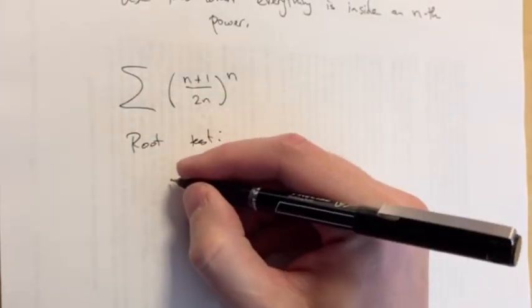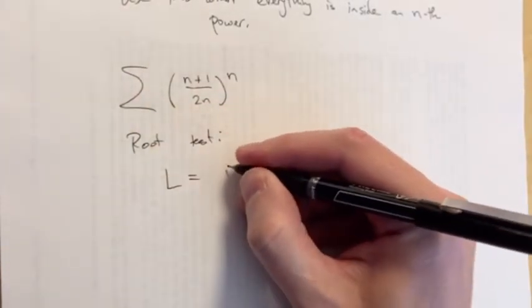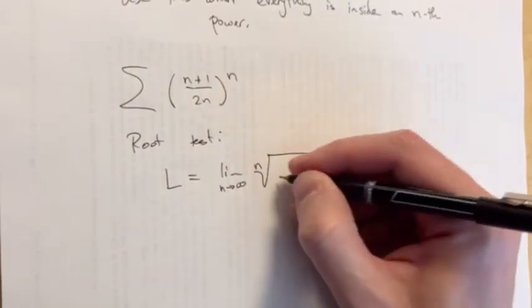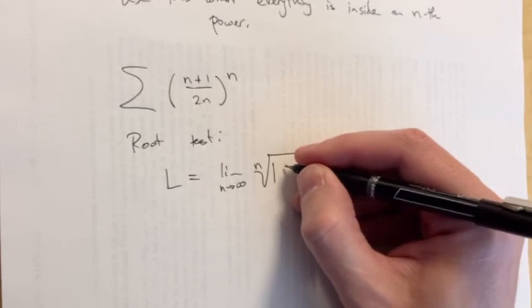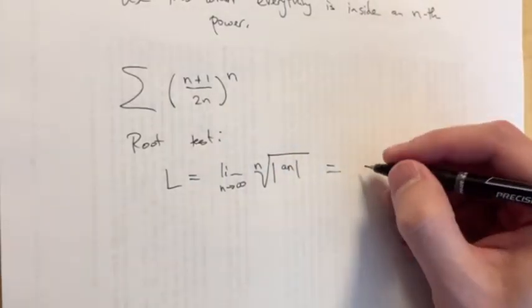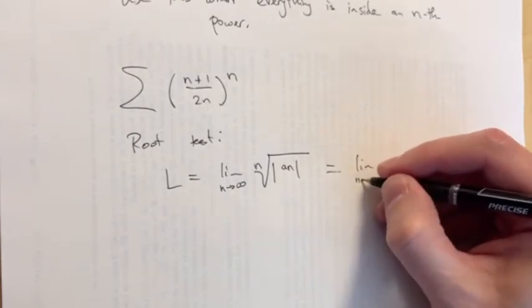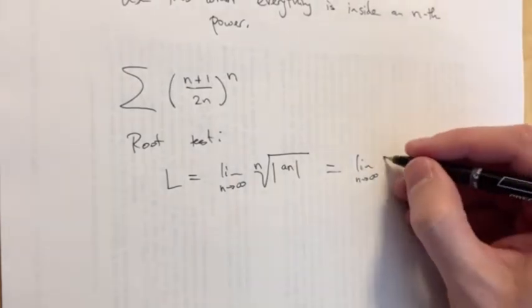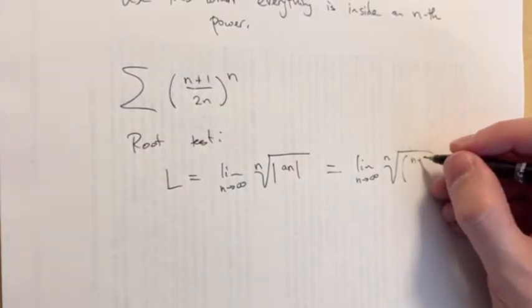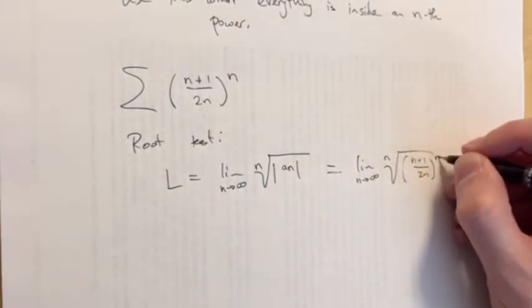So I look at this L, right? It is the limit as n goes to infinity of the nth root of the absolute value of a_n. So plug it in. You don't have to do any n's and n plus 1's in this case. You just use a_n. The nth root of a_n is n plus 1 over 2n to the power n.